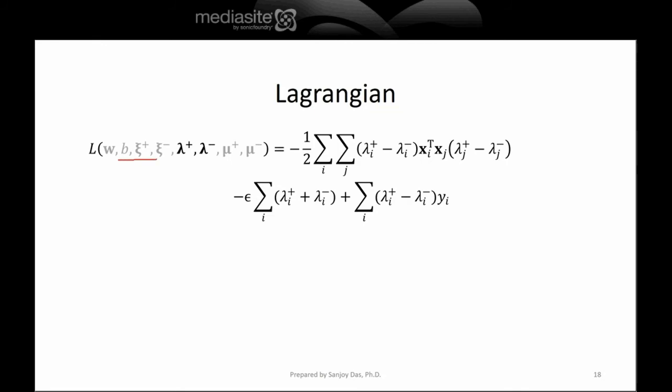As a matter of fact, I don't even need the mu's, because I have expressions mu plus plus lambda plus equals c, and mu minus plus lambda minus equals c. Therefore, mu's are redundant. So this Lagrangian is now only a function of the lambdas. And this is xi transpose xj, which would later on yield the kernel. So this is my Lagrangian.